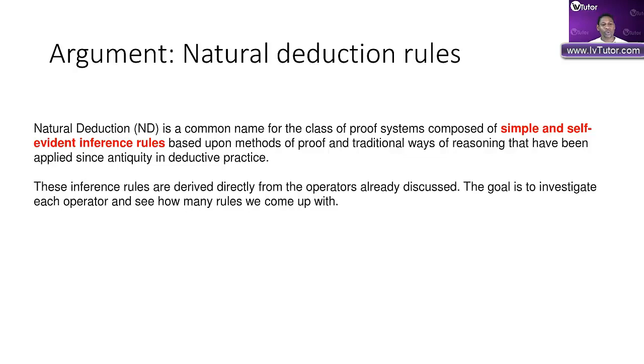Natural deduction refers to a class of proof systems. Before getting to this module, you would have come across proof by induction. It's another proof system that exists. But natural deduction is composed of simple and self-evident inference rules.